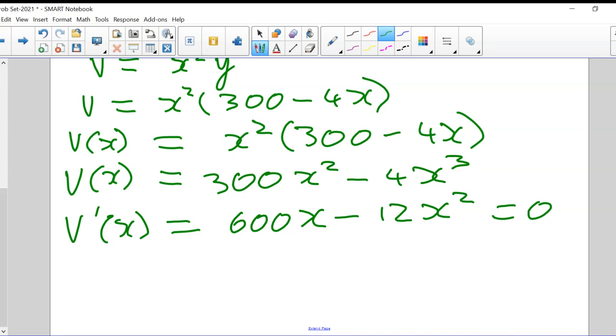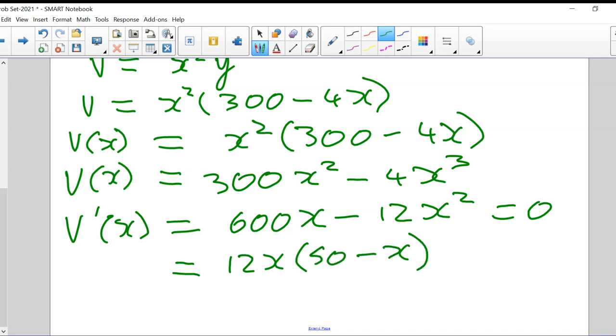Okay, but it's a quadratic, so how do we solve a quadratic again? Walk me through that whole process. Help me out. Common factor, good. And I'd say the common factor here looks like it's 12x to me. And that looks like it would probably be 50 minus x.